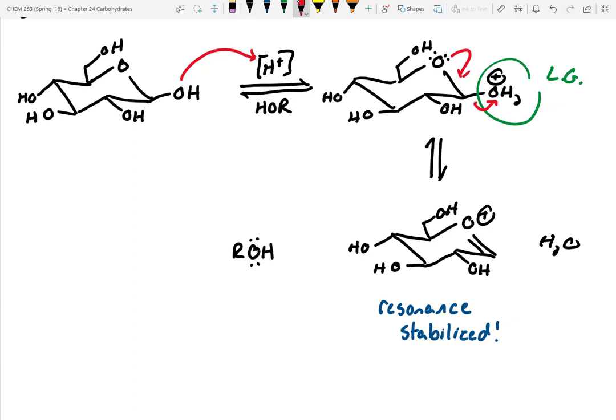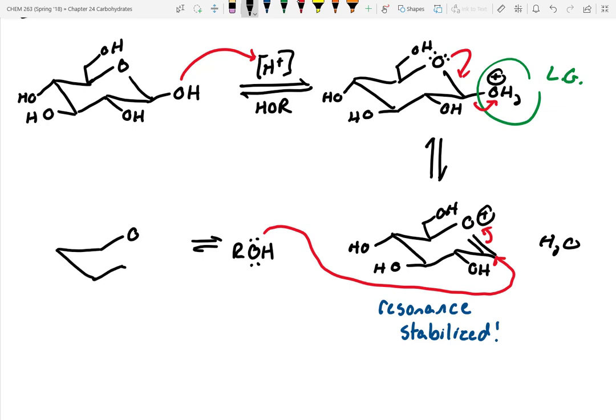This alcohol can also act as a nucleophile. So it can attack this anomeric carbon and kick up electrons to that oxygen. This can occur at either the axial position or the equatorial position, so it doesn't really matter how you show it.